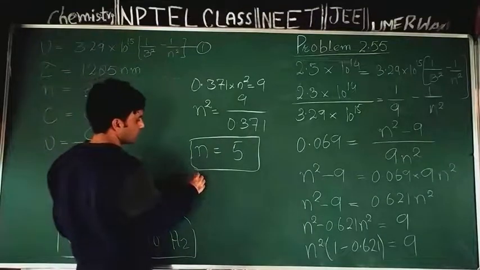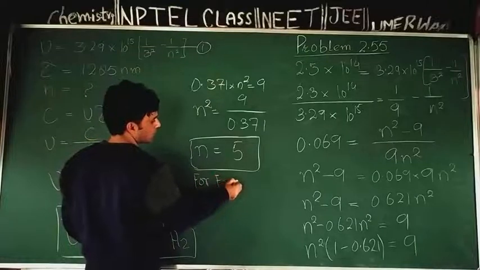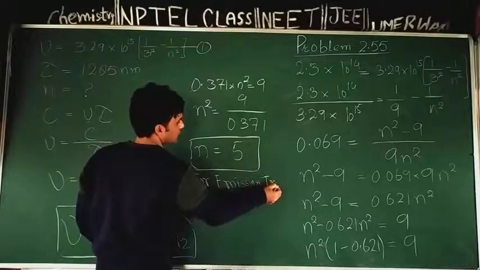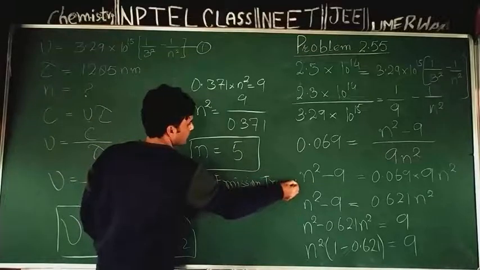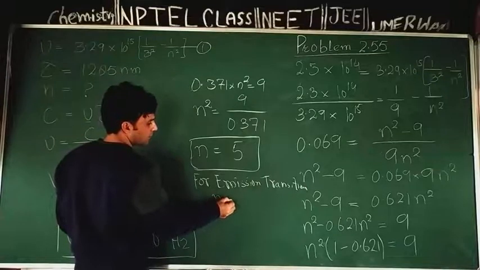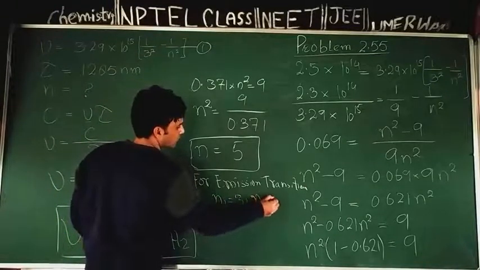So for this emission transition, N1 is 3, N2 is 5.